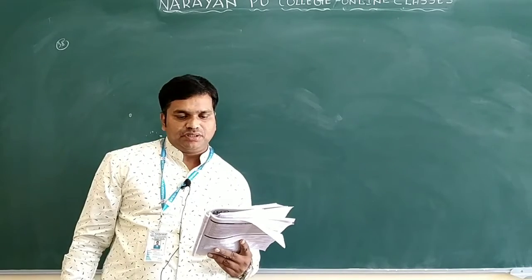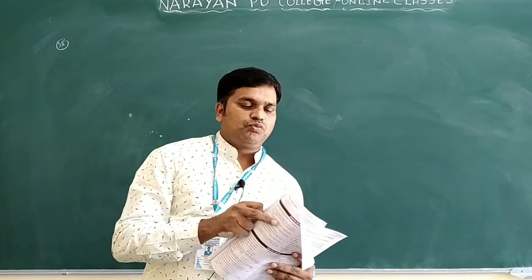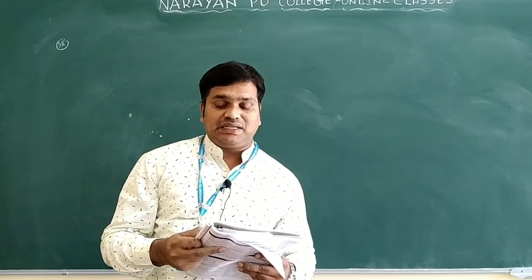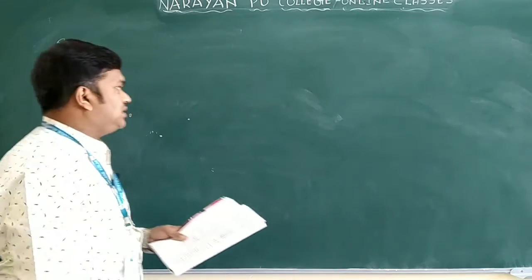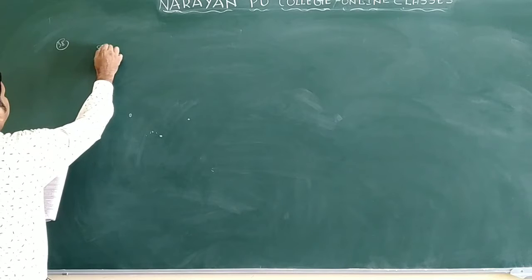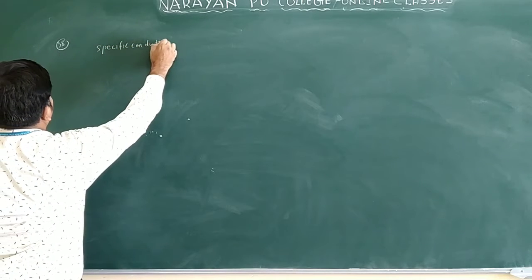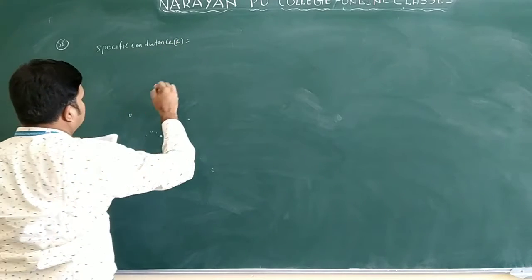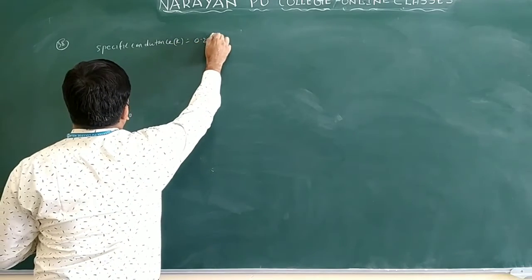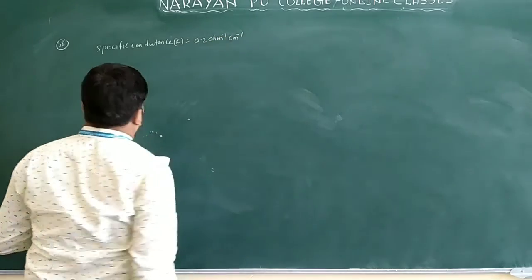See the 38th question. The specific conductance of a solution is 0.2 ohm inverse centimeter inverse and the conductance is 0.04 ohm inverse. They are asking the cell constant. Specific conductance, or you can say conductivity, is equal to 0.2 ohm inverse centimeter inverse.